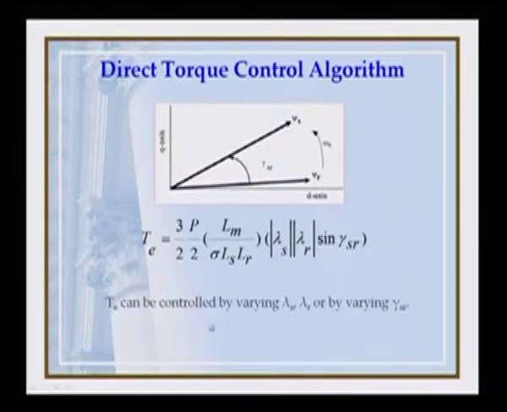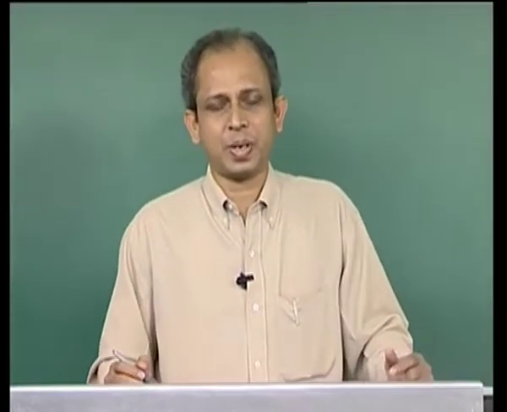So, the torque can be controlled by varying; lambda s is the same as psi s and lambda r is the same as psi r. So, we can vary this torque either by varying lambda s, lambda r, or by varying gamma SR. Now, we know that flux variation is not preferred, because if we vary the flux, there will be a delay associated with the flux change. Furthermore, a variable flux machine is not very attractive.